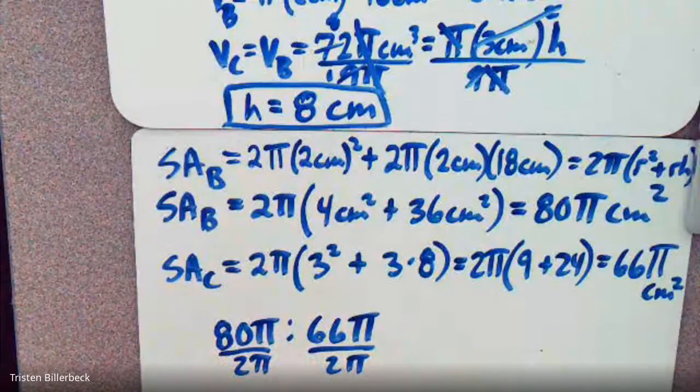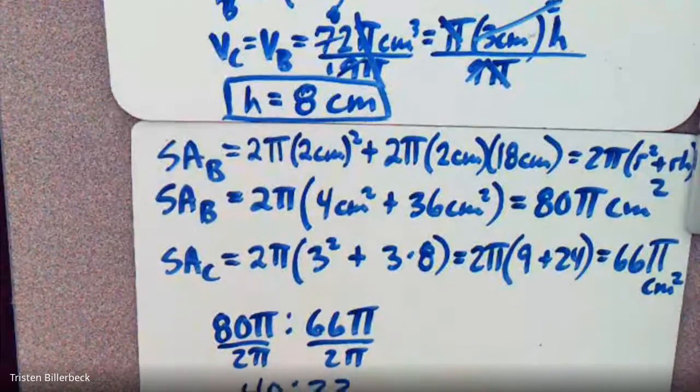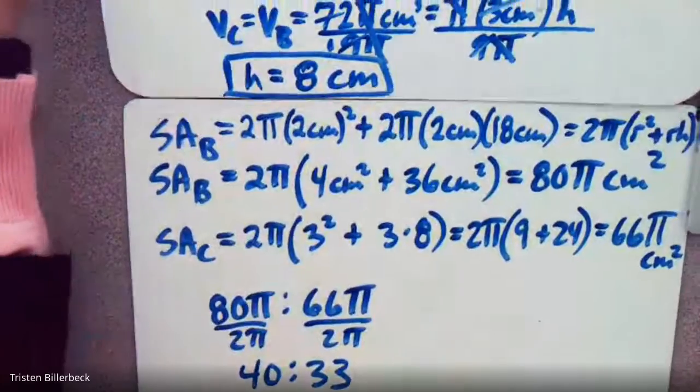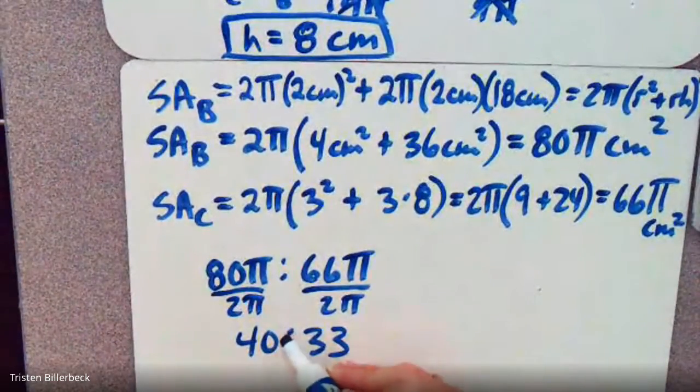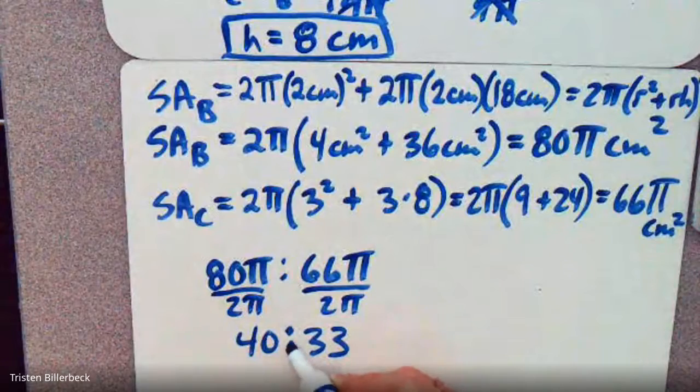So when we do that, we get 40, and this becomes 33. Okay, so we have a ratio of 40 to 33. So that would make a little more sense that this would be the ratio.